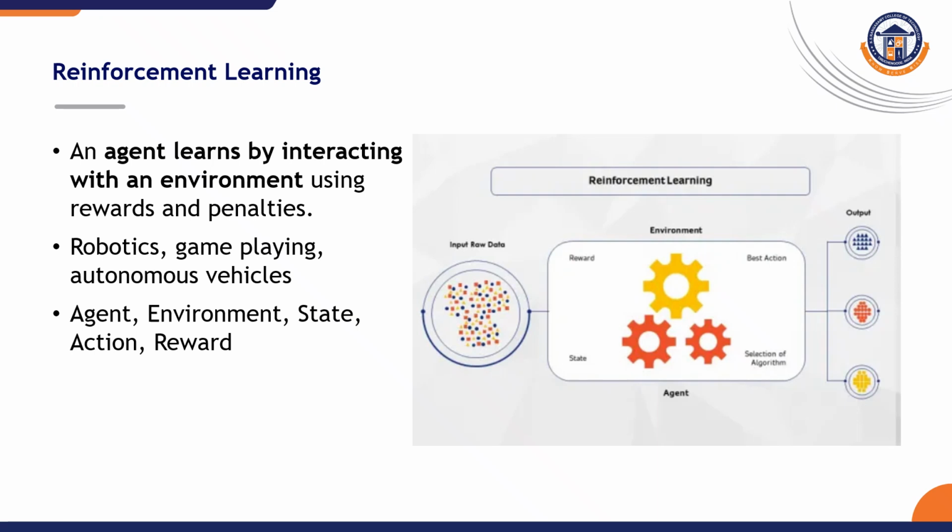In this manner it learns by itself. One such application of reinforcement learning is in autonomous vehicles, where it can make decisions through trial and error methods.